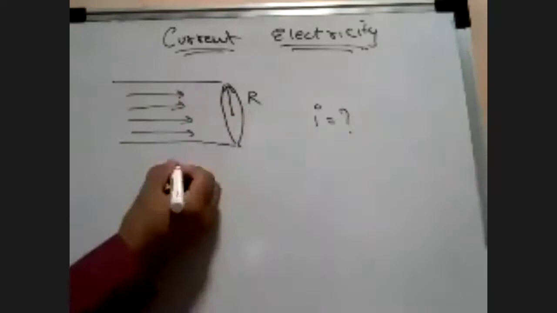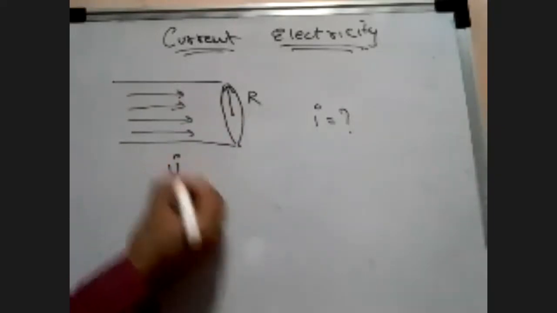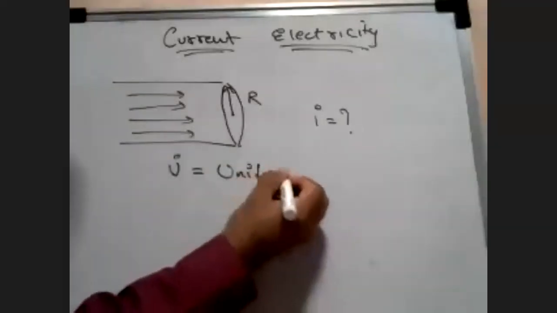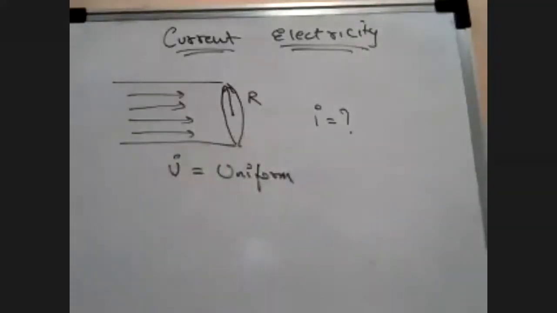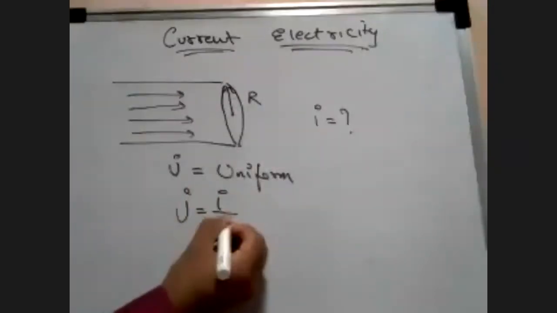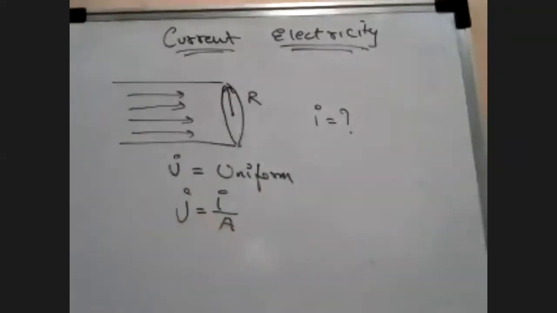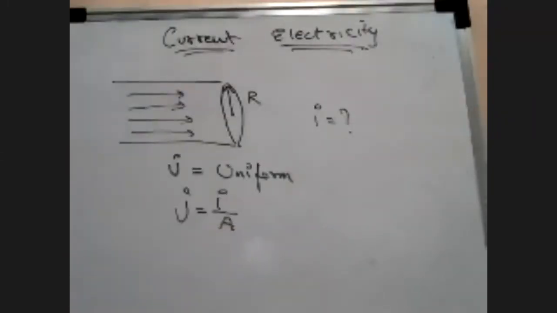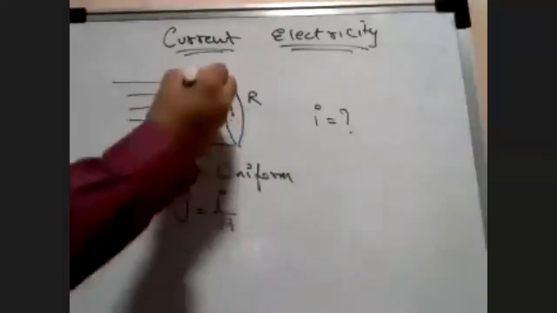So I have told J, current density, is going to be uniform. So simply apply the formula of current density. What is current density's formula? J is equal to I by A. And what is the area of cross section over here? It will be a circle. Yes or no?